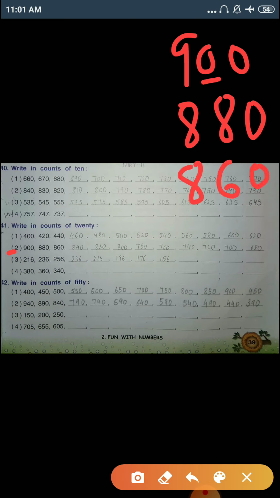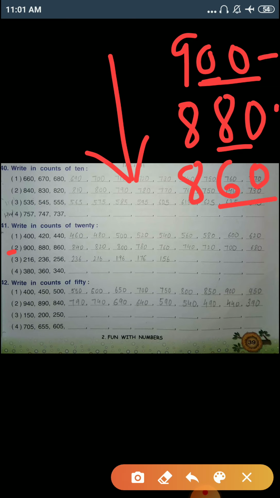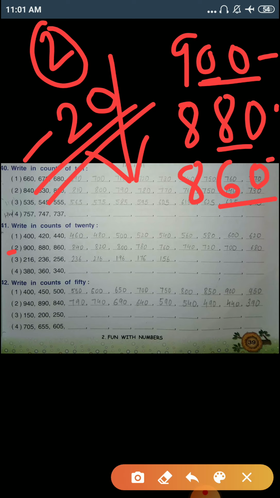Now, if you see, the pattern is in decreasing order. Okay, because 900, then 880, then 860. That means in question number 2 they had subtracted 20 from each number. So we are going to subtract 20 for finding out the next number.